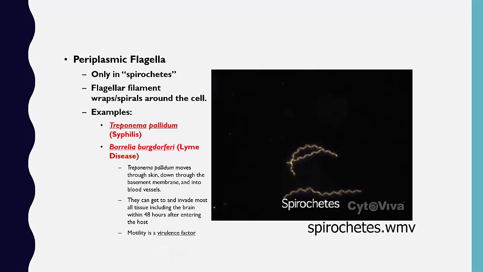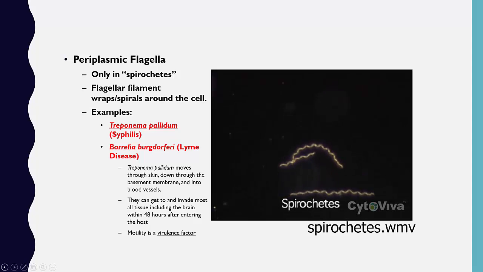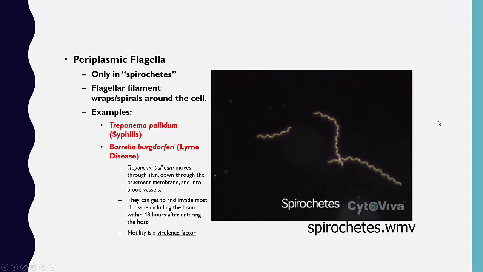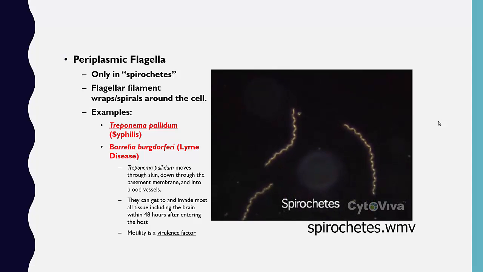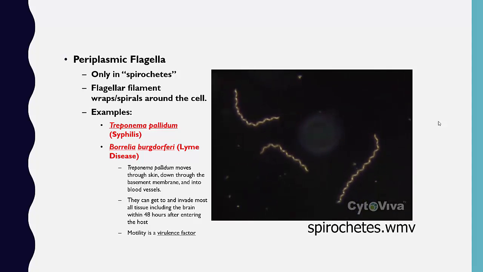Should be. Do you think motility is a virulence factor for these guys? Oh, yeah. Let's watch the video. Now, here you can see them spiraling away. Imagine them drilling through tissue and getting throughout the organ system, including the nervous system and even the central nervous system.